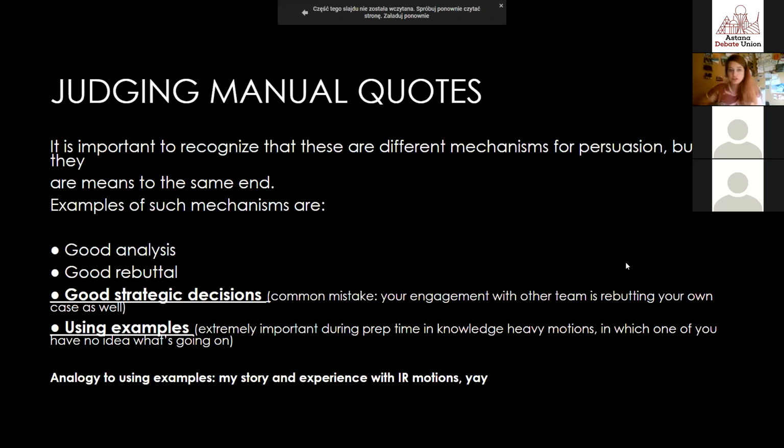It's important to recognize that there are different mechanisms for persuasion, but they are means to the same end. So good analysis, good rebuttal, good strategic decisions, and using examples. An analogy to this, by using examples, is what I was doing with the IR motions. When I was a novice, we broke to the semifinal of a Polish competition, and there was a motion about the Senkaku Islands.